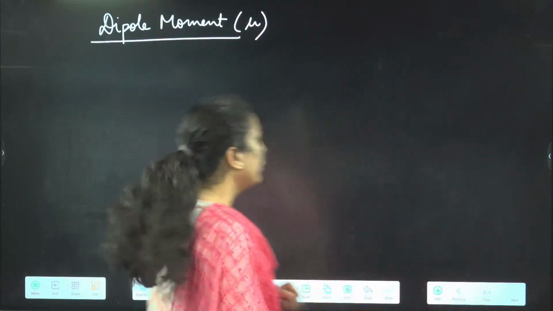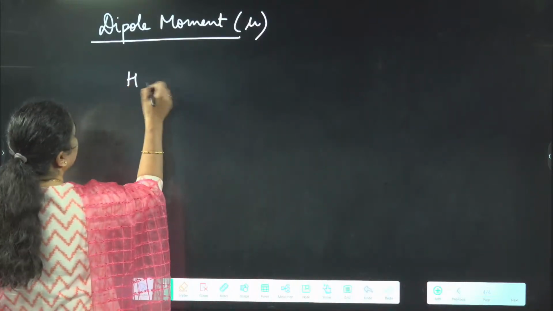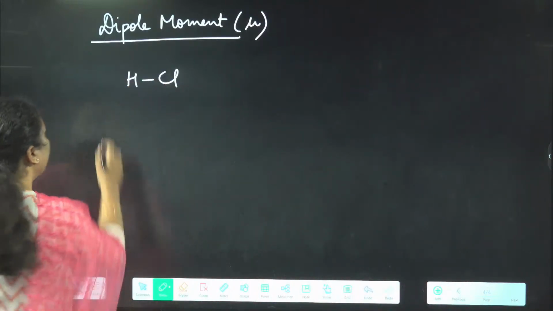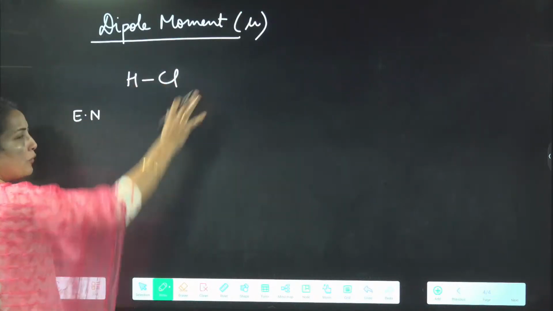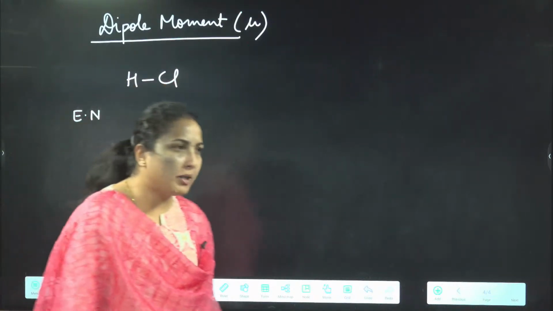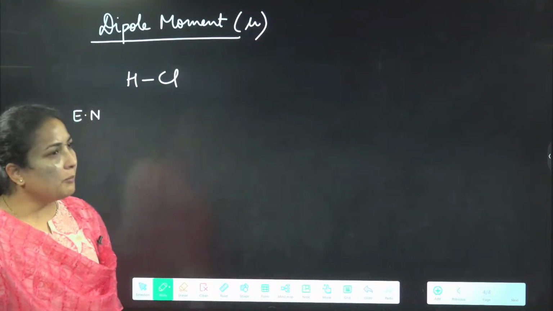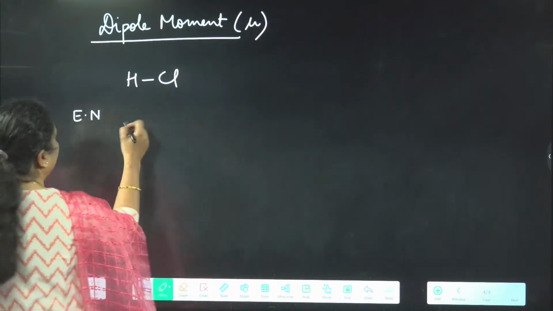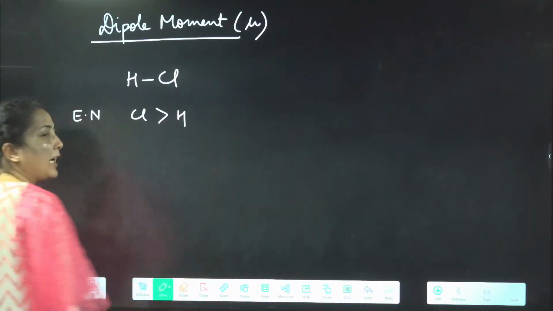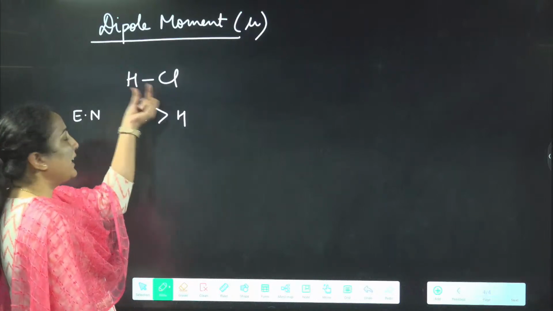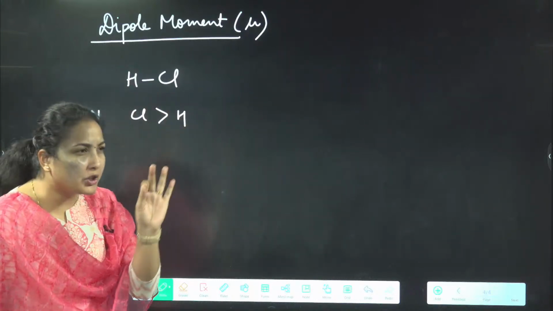Now if I look at HCl, do we know that this is a covalent molecule or not? H and Cl both are non-metals. The bond between them is a covalent bond. Now, do we know that the electronegativity of chlorine is greater than hydrogen? So whatever the electron density here, it is not equally shared.